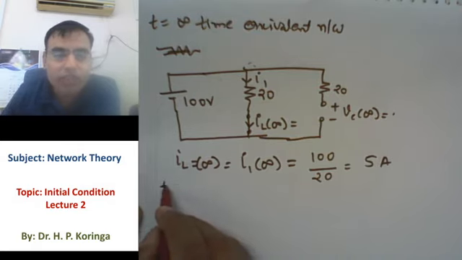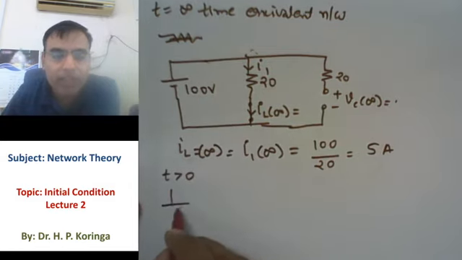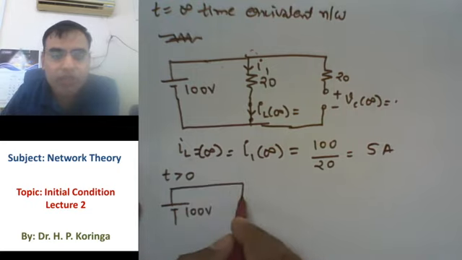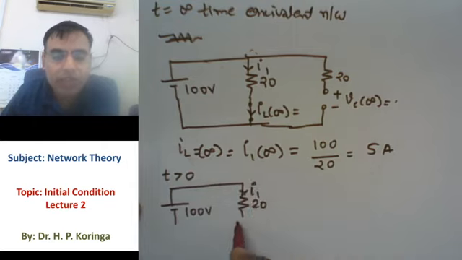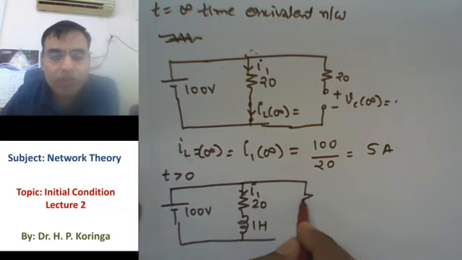Now our interest is to find out di1 divided by dt at t is equal to infinite. So let me draw the network for t greater than 0 and then we'll apply KVL. Or we can use equation 1, for which we already applied KVL for loop 1. So here the current I1 and here we have an inductor of 1 Henry, right? Our interest is to find out only I1.